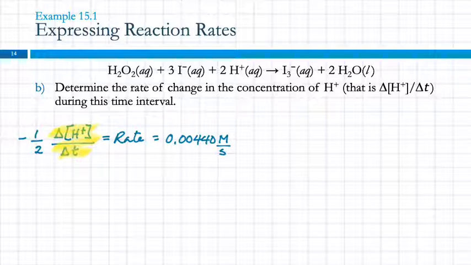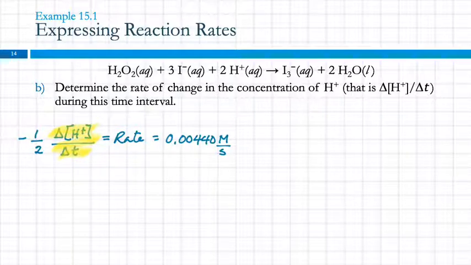So how can we get rid of that negative 1/2? Well, there are different ways to think about it, right? You could multiply by -2. You could divide by negative 1/2.